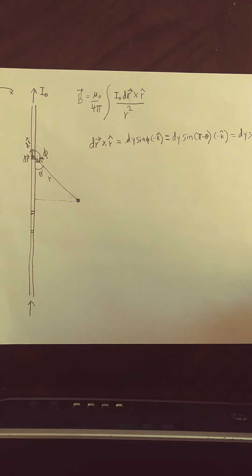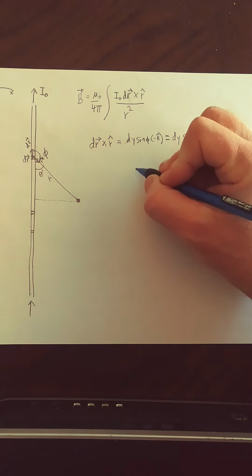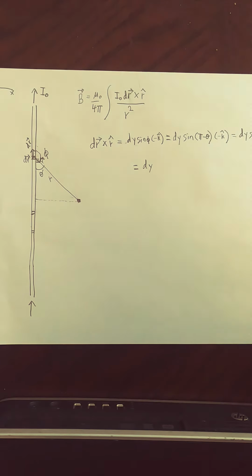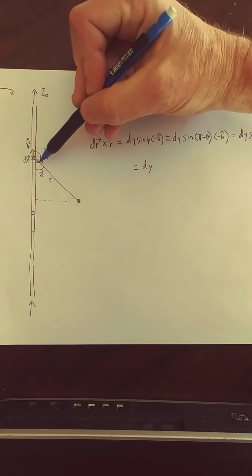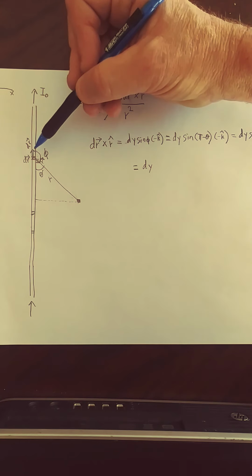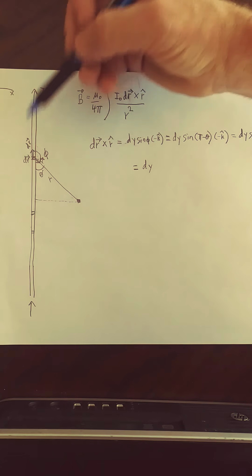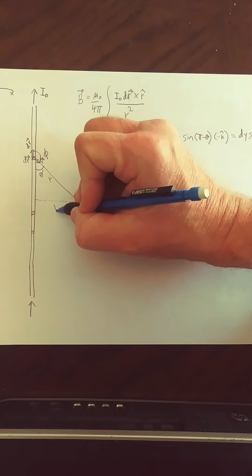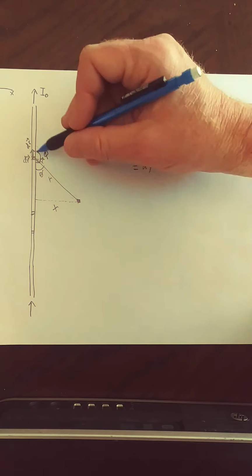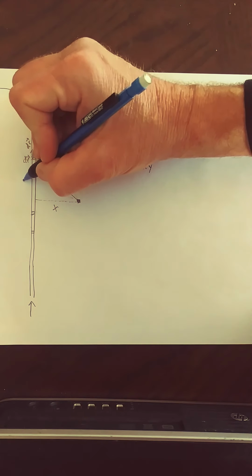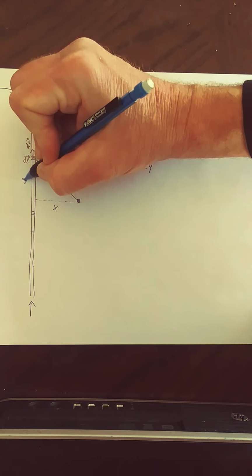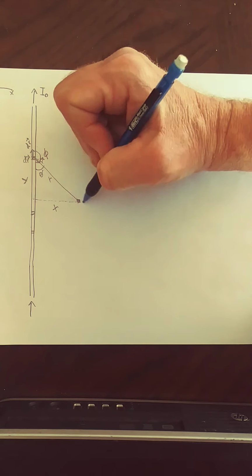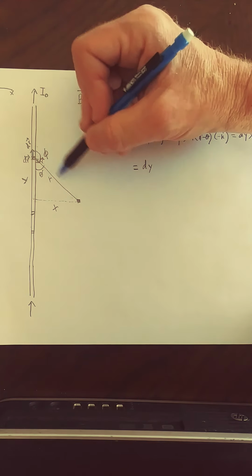So what does our expression look like? Now we have dy, and we can figure out the sine. The sine of the angle is by definition the opposite over the hypotenuse. The opposite is the x coordinate, and the hypotenuse involves the y value: if this is our origin, then this is our y value and this is our x value, so the hypotenuse is the square root of x squared plus y squared.